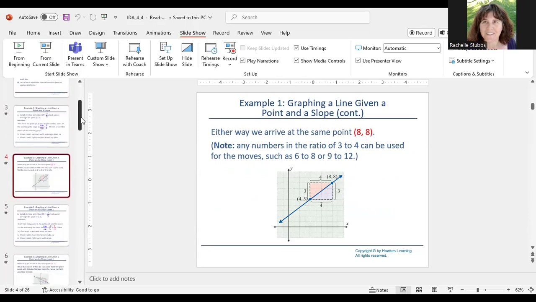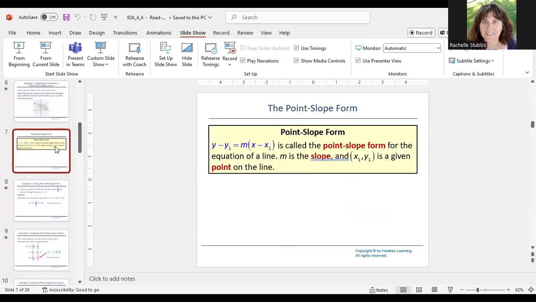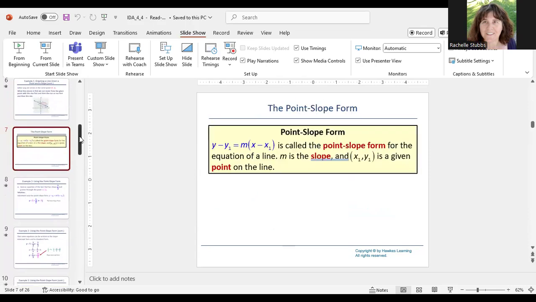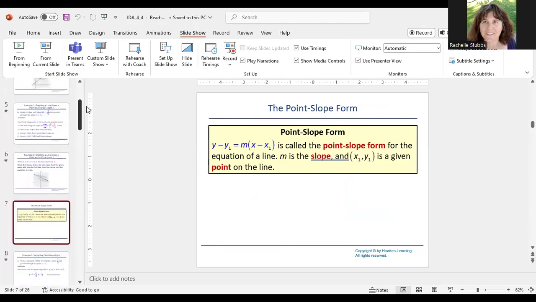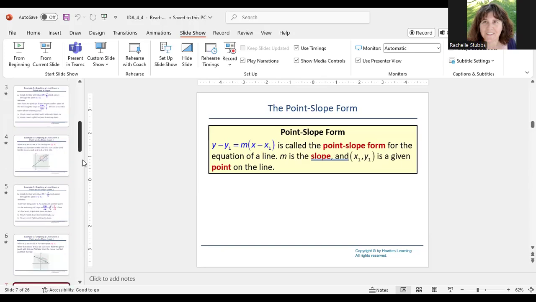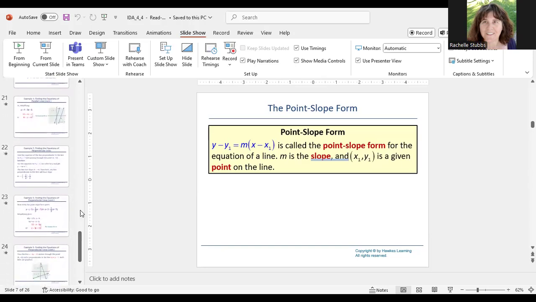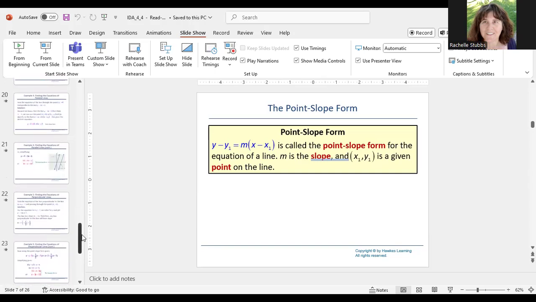In the chapter before, we talked about parallel lines have the same slope. And that's really important to note because in this problem, they don't tell us the slope. They just tell us that it's parallel to a given line.